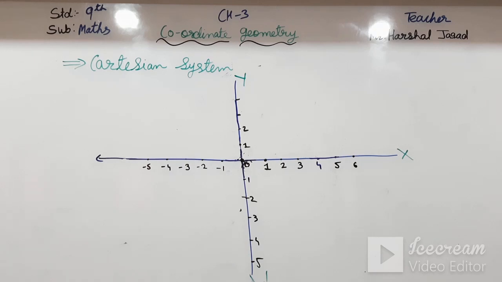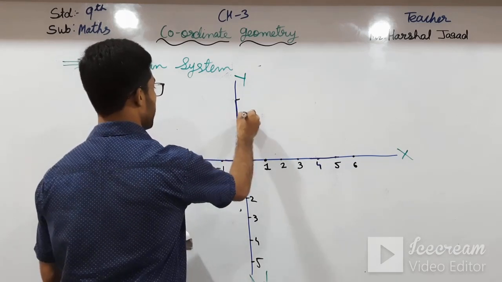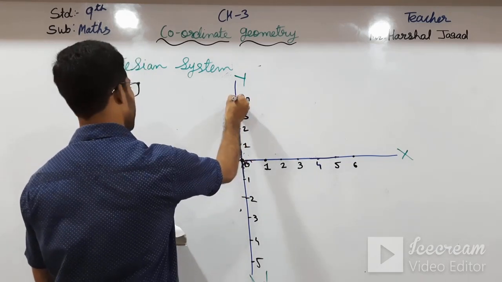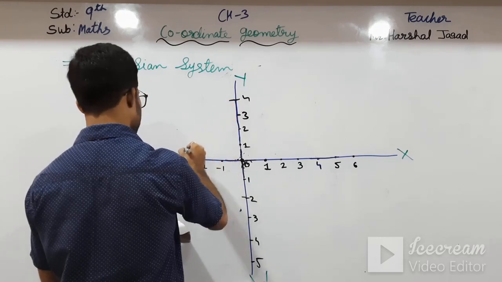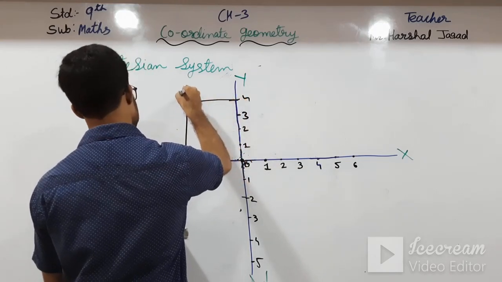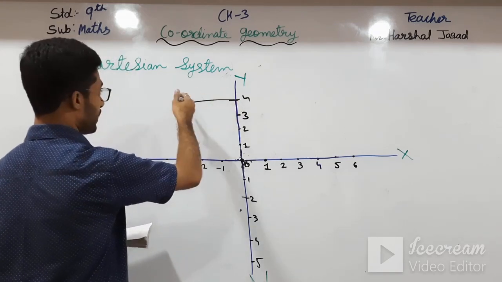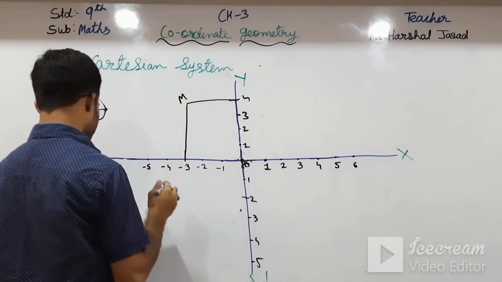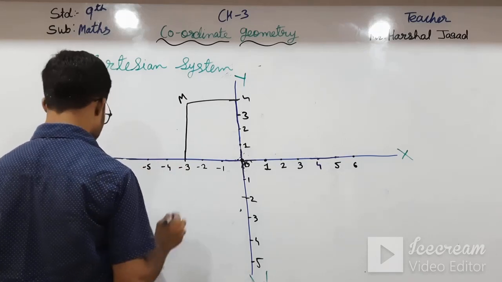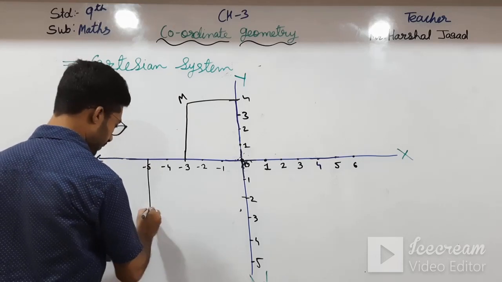See here, first of all I am directly writing that here in the negative y axis and negative x axis it is here 4, 3, 4 and this point is over here and this point is over 3. So just drawing a line and giving name, that is M, and then positive y axis and negative x axis, and now negative x axis, negative y axis, in that it is 5, minus 4.